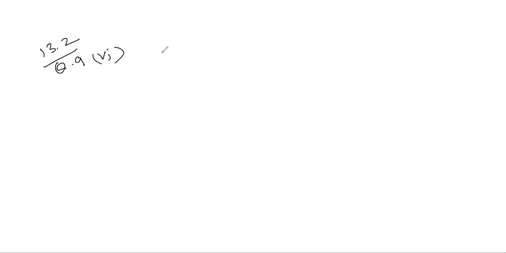Here, both numerator and denominator are used, and the minus of the two functions is also used. There: y is equal to 2 by x plus 1 minus x square by 3x minus 1.